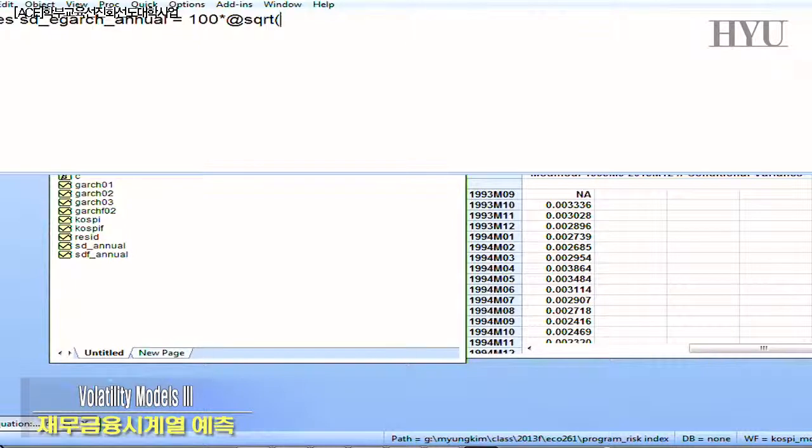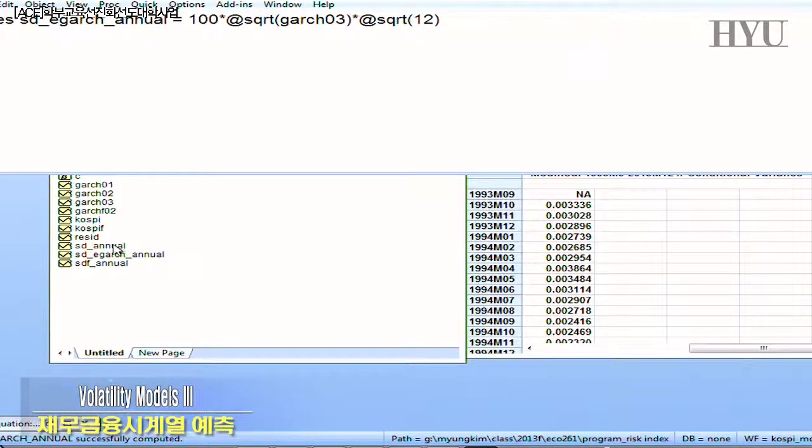SQRT in EViews. And the one we just saved is named here, Garch 03, right? So I type Garch 03. Of course, you can multiply by 12 inside the square root function. Same thing, right? So if you prefer, this way.